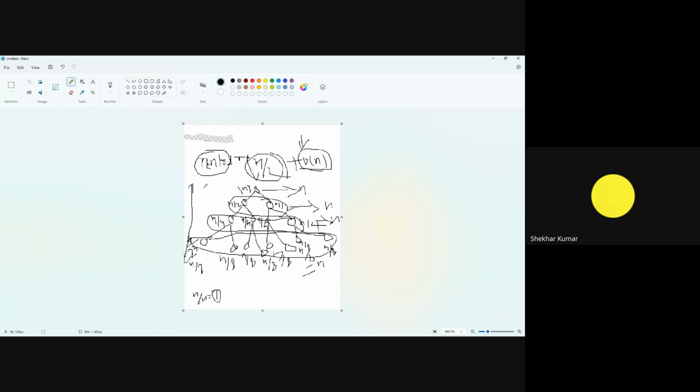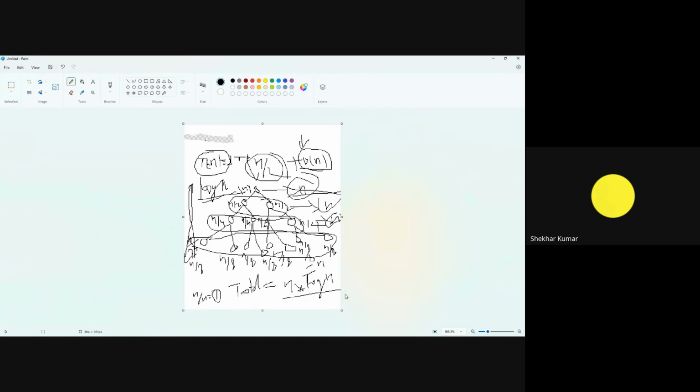So the height of this tree will be log of n. And every time it is taking n time. So total time will be n into the height of the tree. The height of the tree is log n.